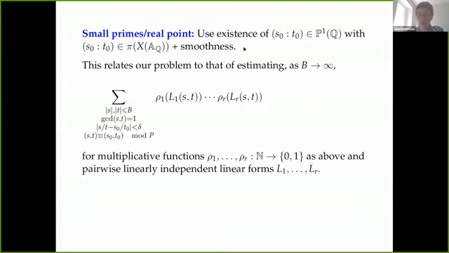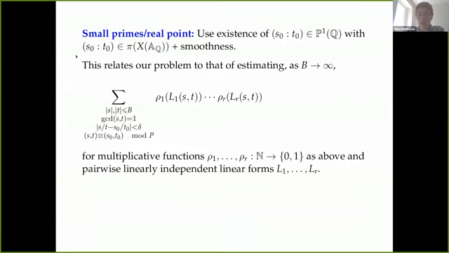This assumption allows you to use the inverse function theorem to deduce that whenever you look at a point on the projective line that is sufficiently close to this point S0, T0 in the real distance or in the p-adic distances corresponding to small primes, then you can guarantee that this new point ST also lies below a fiber that has a Q_p point at small primes and that has a real point.